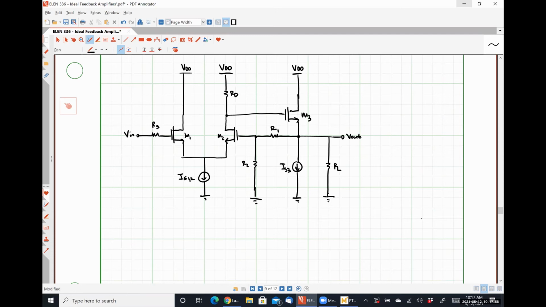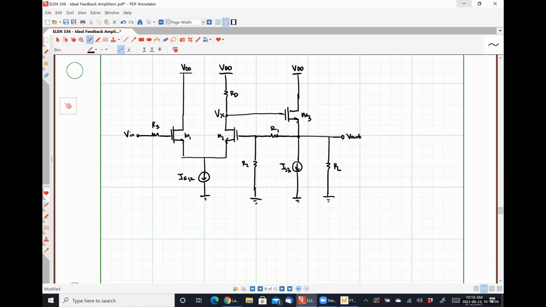So this is a two-stage amplifier, right? So the output of stage 1, which is the voltage here at node X, feeds the input of stage 2, right?